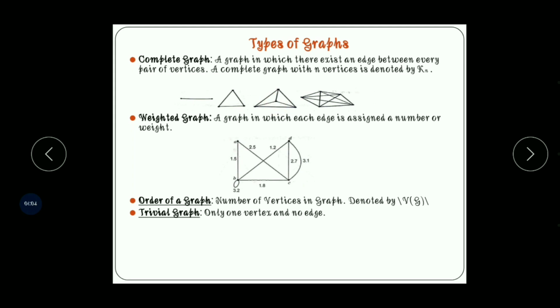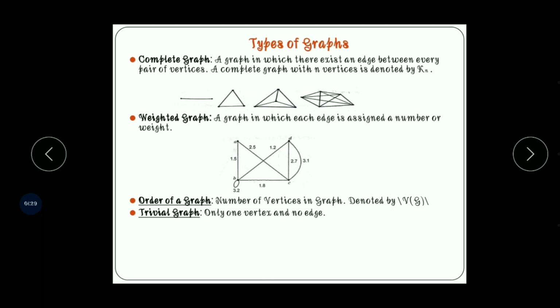Here there are five vertices, so every vertex is attached to the other four. Such a graph, in which every vertex is attached to the other vertices by some edge, is called a complete graph.